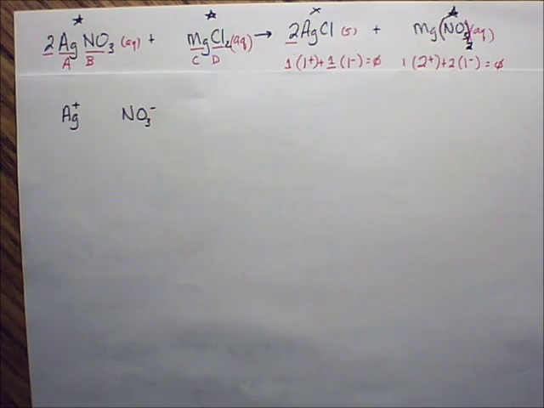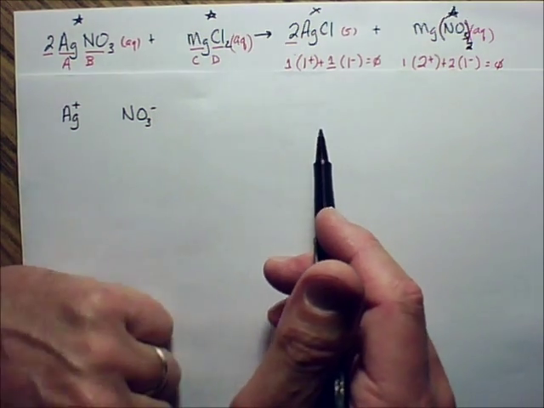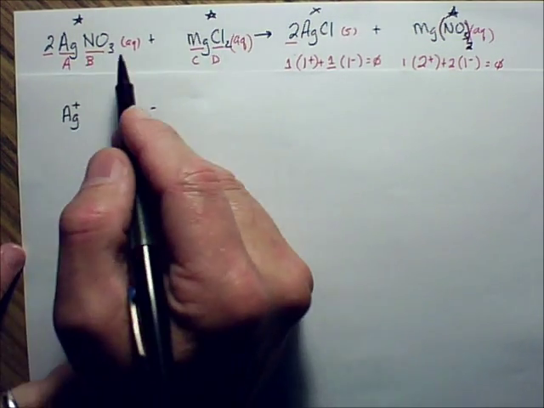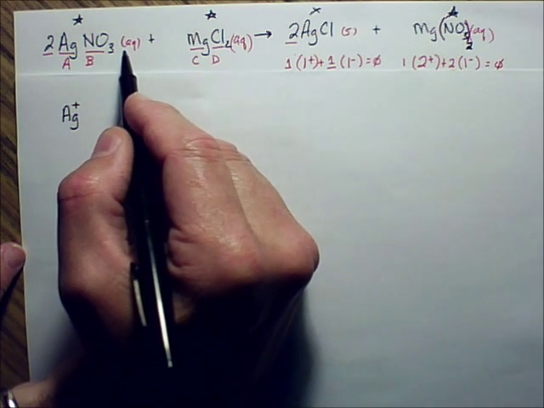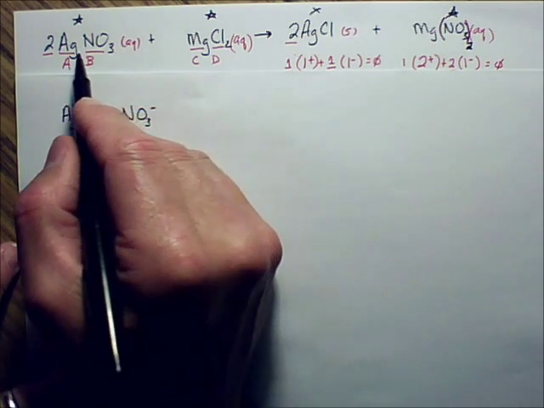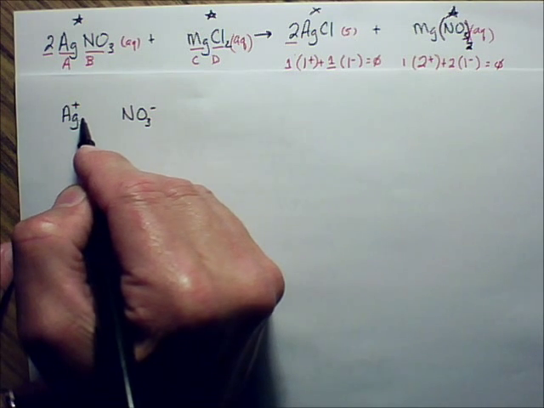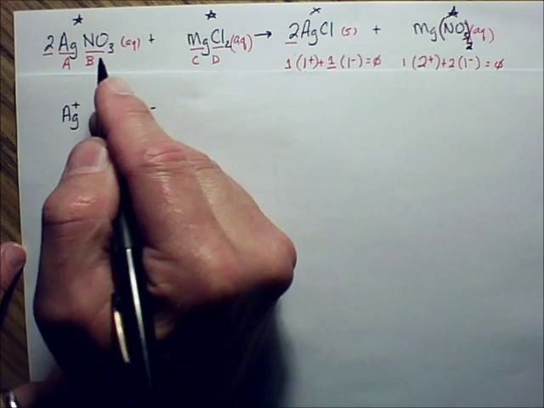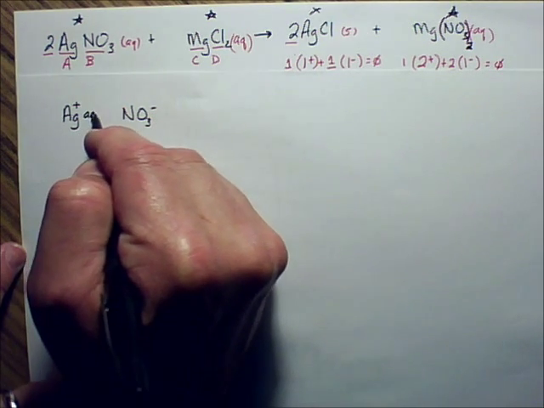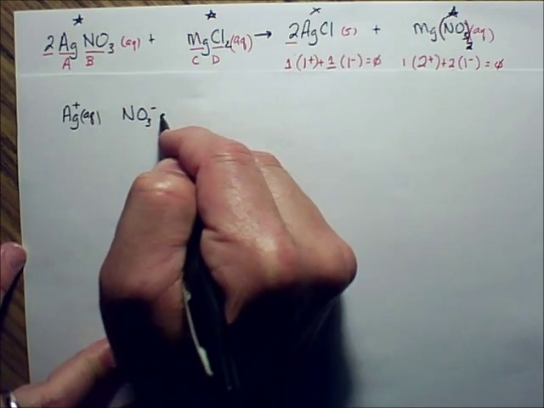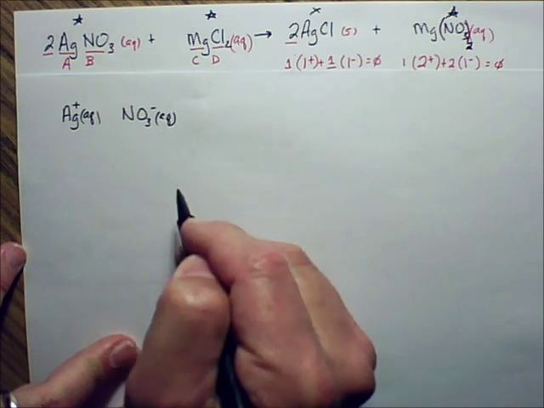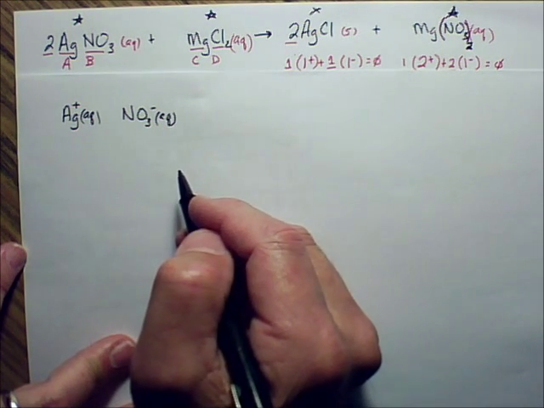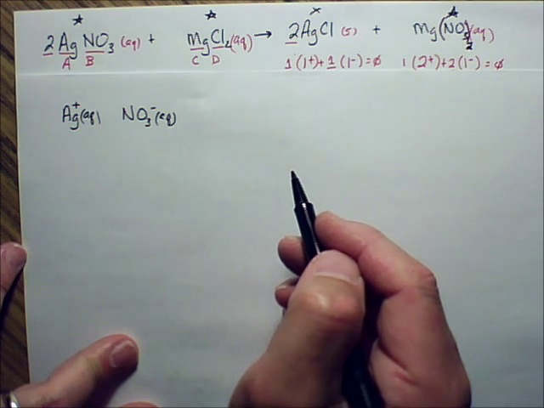Yes, if it's aqueous in the balanced equation, it's also aqueous in the complete ionic equation. So this aqueous applies both to the silver ion and to the nitrate ion. I will have to put a plus between them, but I'm not quite ready to do that yet.